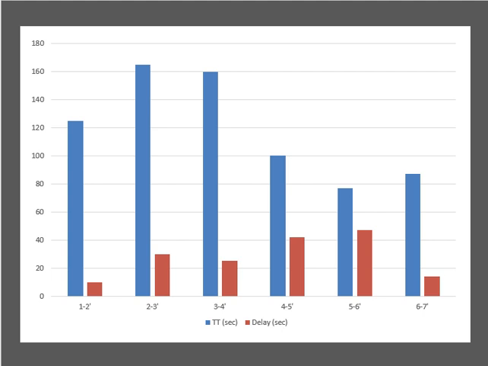So the problem is not because of travel time, it is because of delay. Which section has the highest travel time? 2 to 3, and the reason is it has more length as well. It has the highest length, so obviously it will take more time.